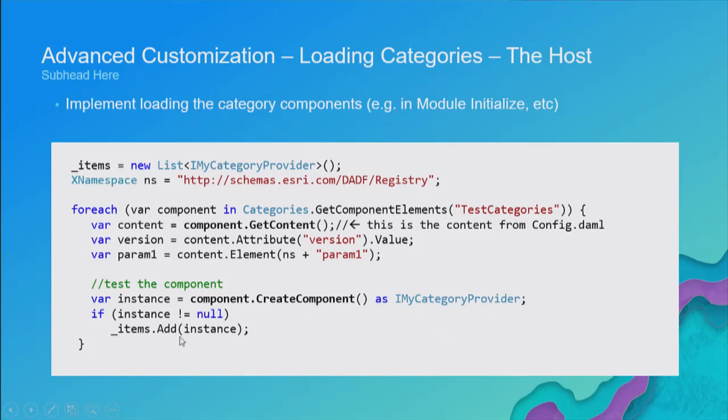If it checks out, I save it to my list, and loop through the next one. Okay? That's the basic pattern. I interrogate my category, get the components that are registered, I check them, and then I keep the ones that I'm interested in. Okay? So this is the host workflow.